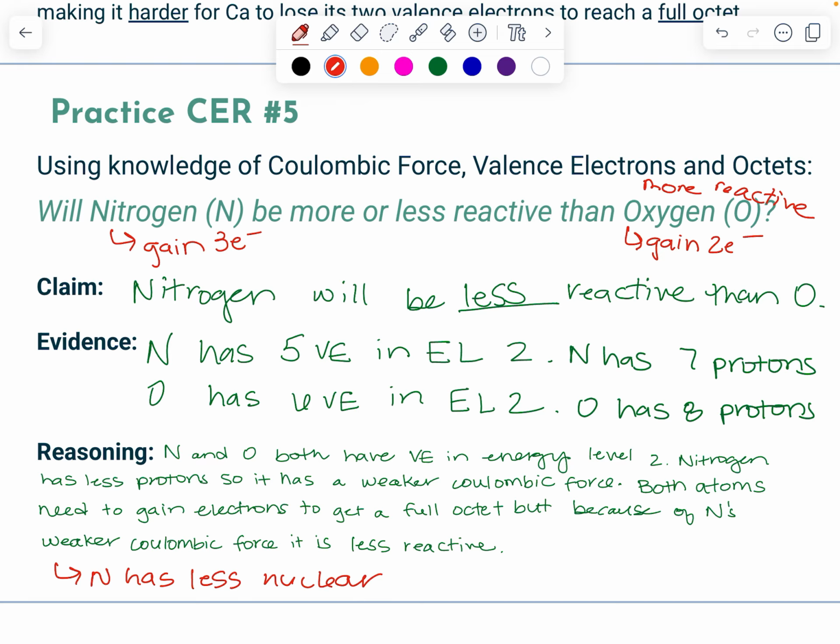That probably would have been good. But I guess I said less protons, so that addresses my nuclear charge here like that. So that weaker nuclear charge for nitrogen means it's not going to attract those 3 valence electrons as easily as oxygen, which has that stronger nuclear charge and is going to attract 2 valence electrons more easily.